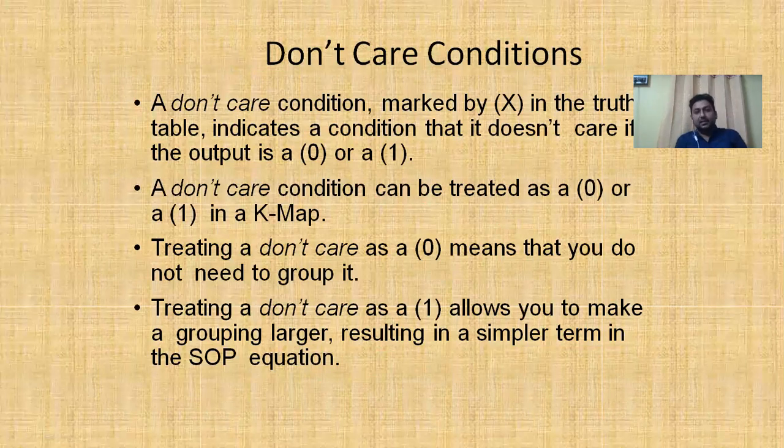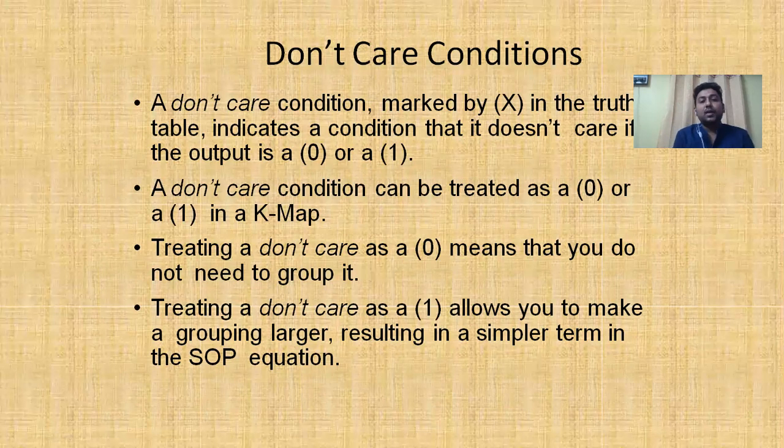Now another important thing which will change the concept of K-map: without the application of don't care, we cannot complete the K-map. What is don't care? Don't care may be marked as a cross, and it may be marked with a small d.